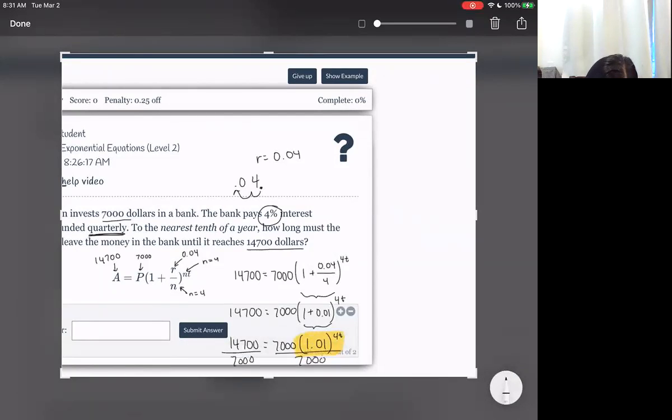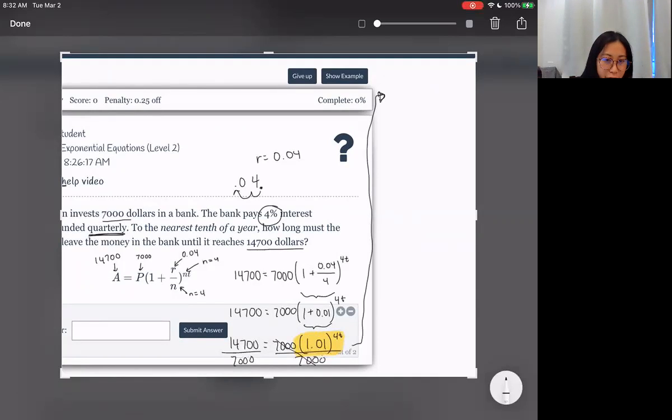So that way, these can cancel out. And then whatever that is on the left side, I'm going to type it into a calculator. 14700 divided by 7,000. Okay, and I'm going to continue writing up here because I have space up here.